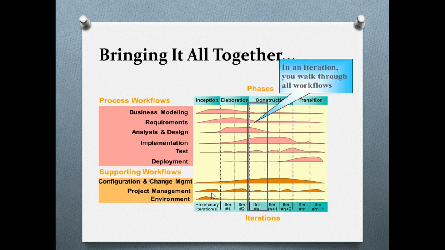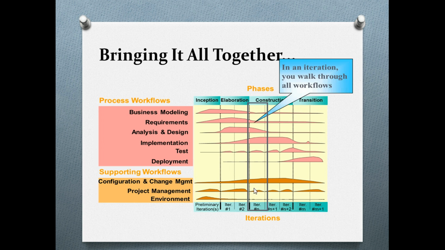As you can clearly see in this, change and configuration management are done mostly in the construction phase. Okay, but in the elaboration phase we can have something, just a little, and even as the iteration goes on, no change management happens afterwards.